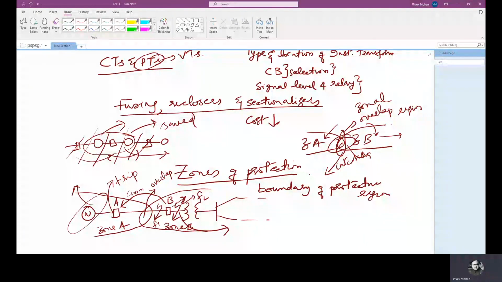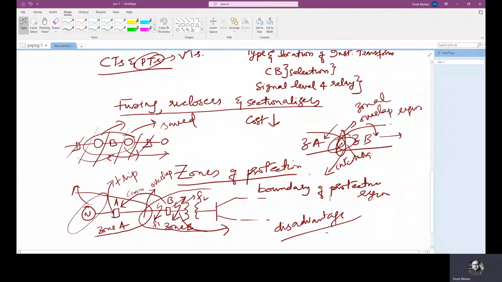That is not required here. Tripping of B is sufficient. So although tripping of B serves the purpose, here both the circuit breakers trip. So zonal divisions are important. This is an example of a disadvantage of zonal protection.